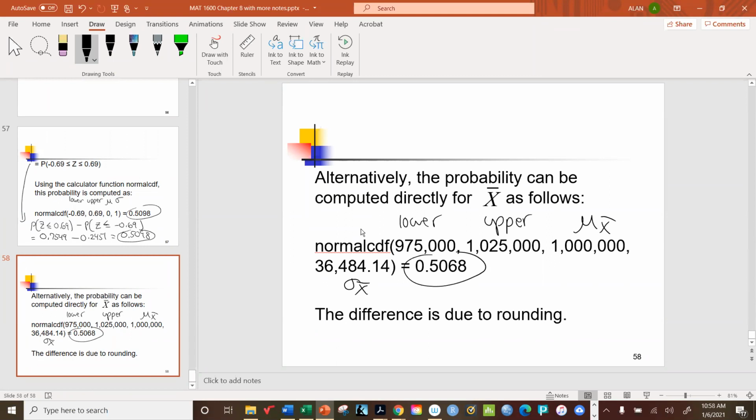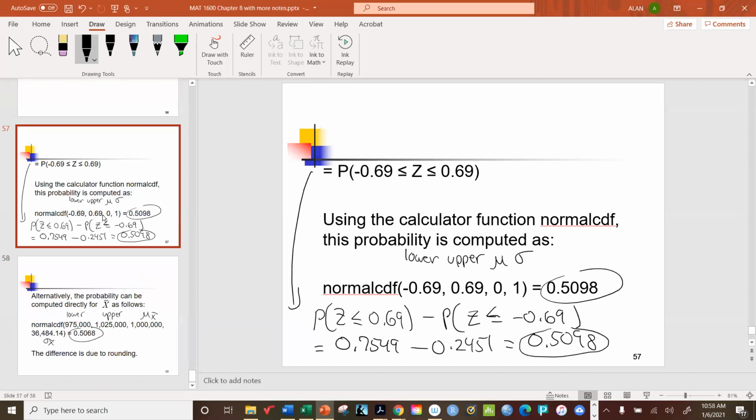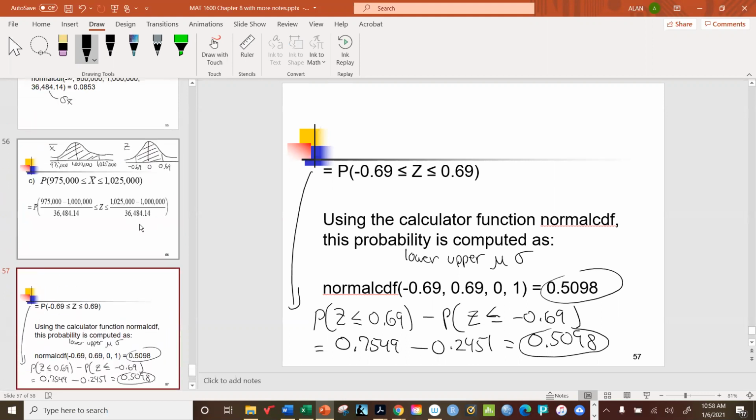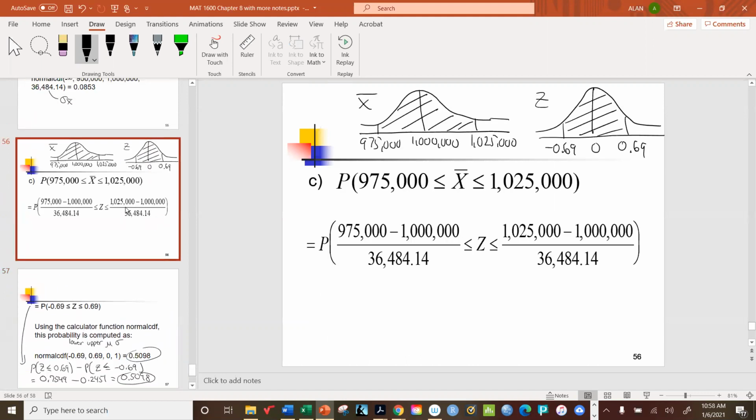It's only 0.003, but remember over here it was 0.5098. That's because this 0.69 is not exactly correct. If you plug these numbers into your calculator, for the first one, for example, it's 0.685.